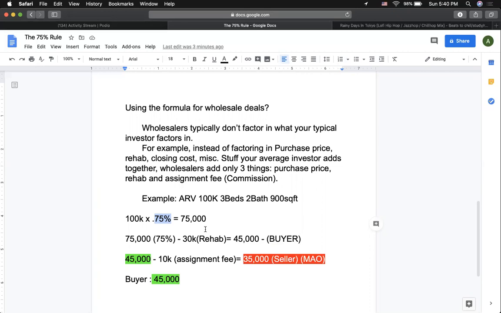It's also a good way of establishing some type of cushion when you're negotiating with the back-end buyer. And if you get full price from the back-end buyer at 75%, well, hey, good for you. You made an additional 5%.